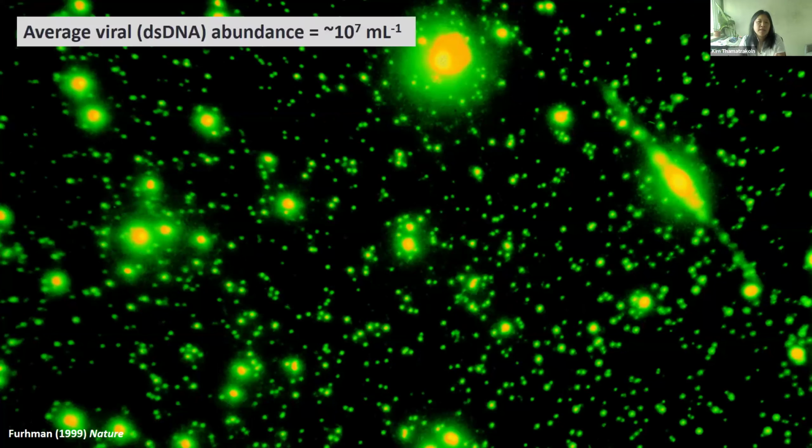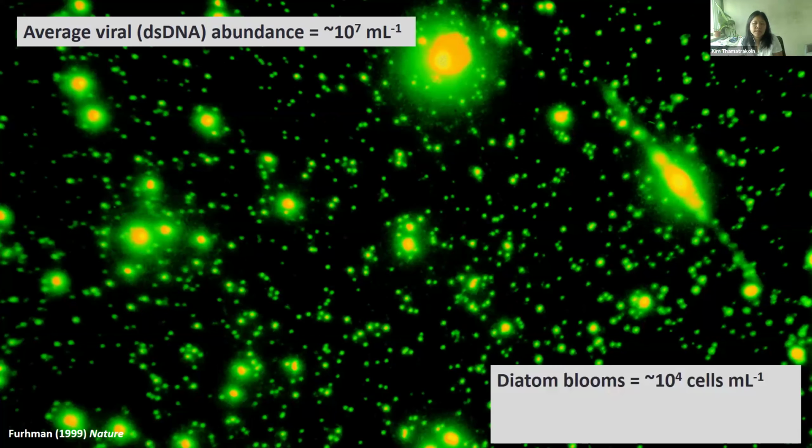So if we just do a back of the envelope calculation, we think about the average viral abundance in the ocean from images like this, we can estimate it to be about 10^7 per mL. And if you take a diatom bloom, a typical bloom may get to about 10^4 cells per mL. And if you consider the number of viruses produced from a cell, an average number that we know from model host-virus systems in culture, you can get about 10^4 viruses produced per cell.